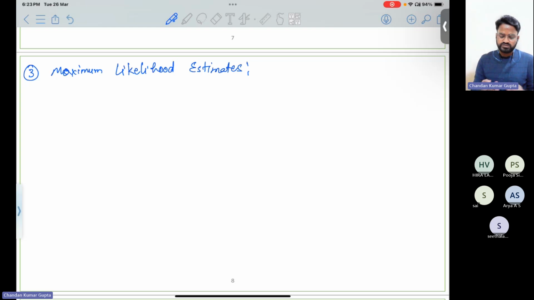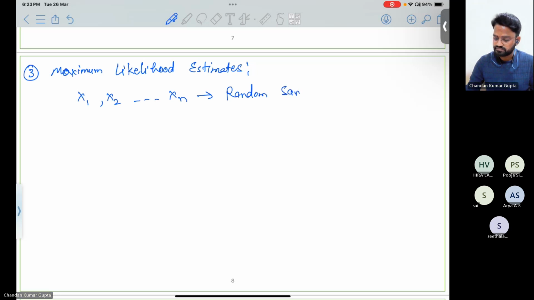For this purpose, we again consider x1, x2 up to xn random samples drawn from some particular distribution, and the distribution will be like this.